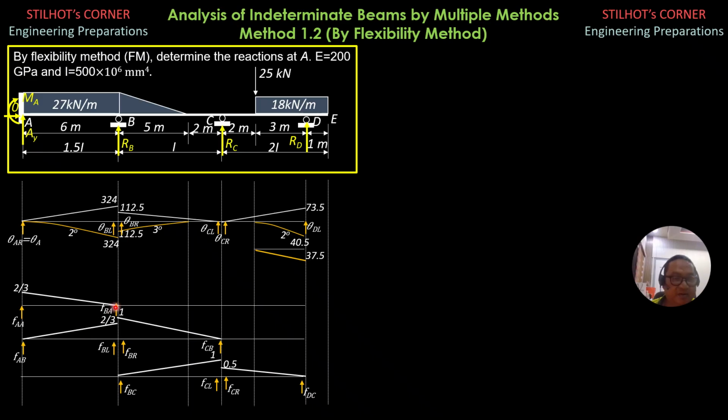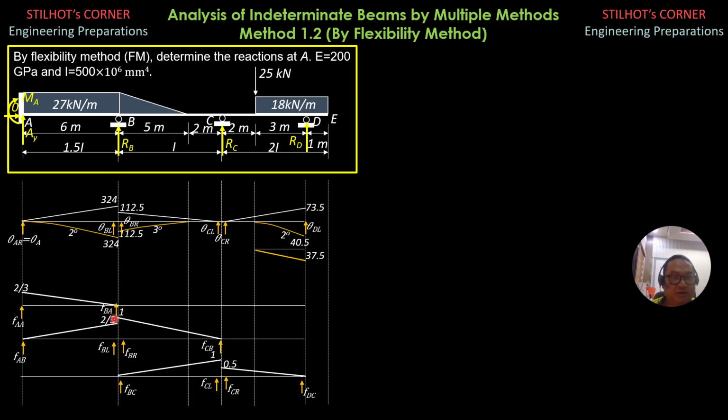Then making B as the moment center next. So this is FAB, the force at A, we apply unit couple at B, counterclockwise at left, clockwise at right, making this moment center. So the reaction here is 1 over 6. 1 over 6 times 6 again is 1 over EI. Then because EI is 1.5, divide by 1.5.